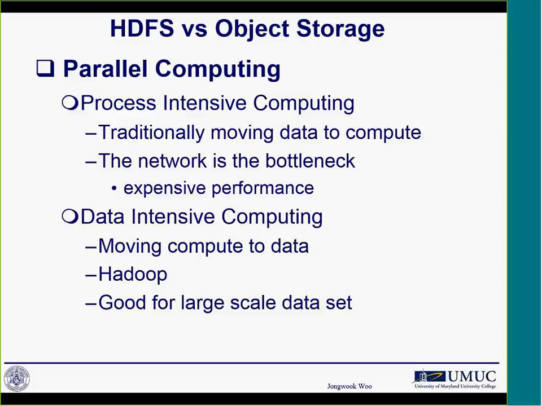But if you have too big data, your network always becomes the bottleneck. To transfer, for example, 1 terabyte or one petabyte of data to the servers, it may take 2 or 3 days because of the network speed. That's why the traditional supercomputer didn't work for big data.